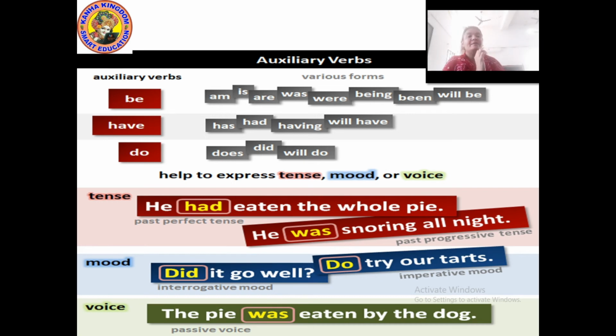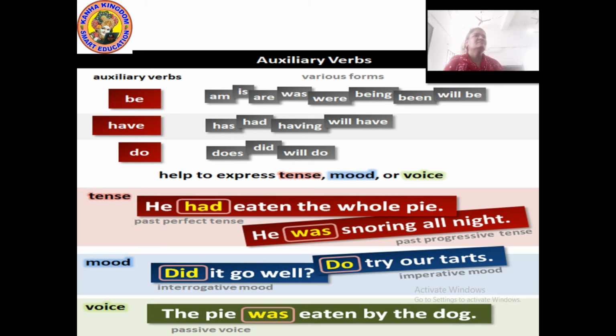But when a sentence is in a passive voice form, here you won't use was with the main verb in a progressive form. Here you will use was with the third form of the verb, added with by. Okay.